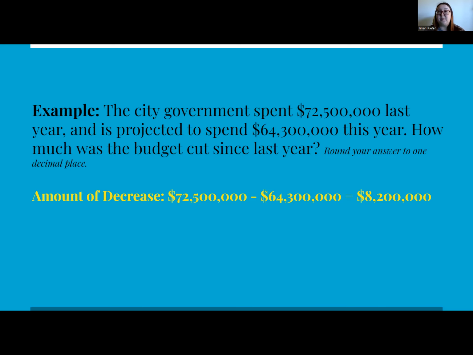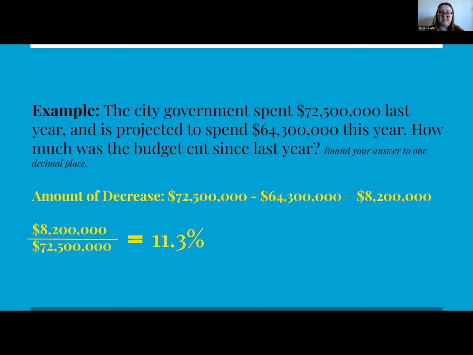But now we want to find the percentage. How much percentage-wise was the budget cut last year? We'll round our answer to 1 decimal place. So we take our amount of decrease, which was 8,200,000, and we divide by the original. The original is last year's, so the original was 72,500,000. So we divide our amount of decrease by the original to get 11.3%.